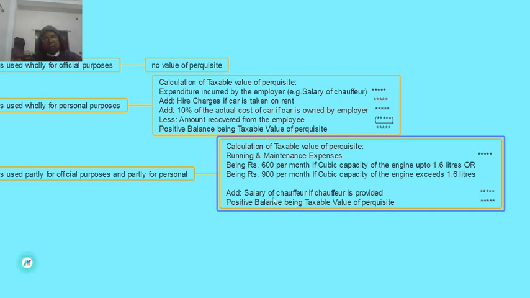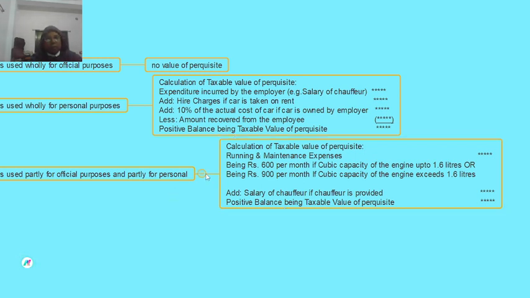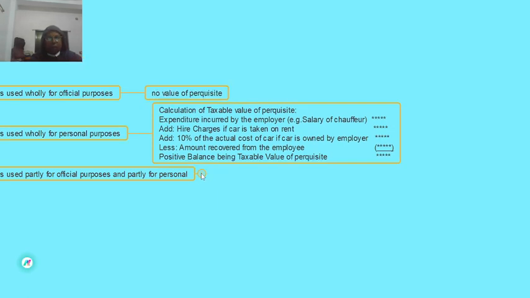Add salary of the chauffeur, that is the salary of the driver if a driver is provided, then the positive balance amount will be the taxable value of perquisite. So in this way we have to calculate the value of taxable perquisite.